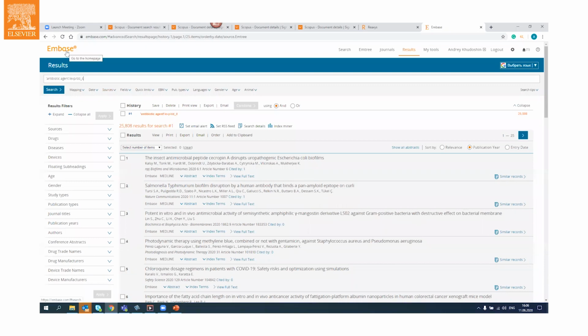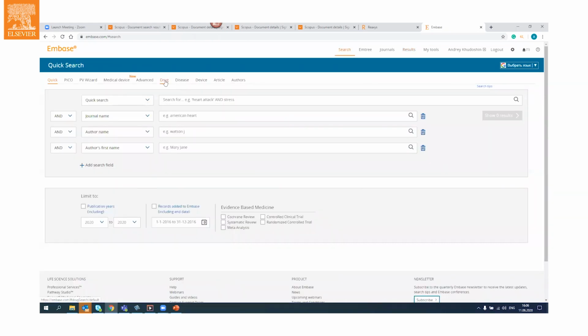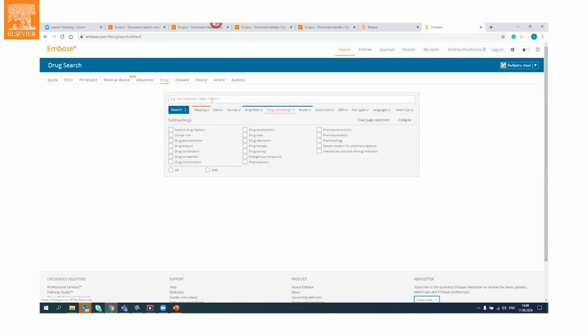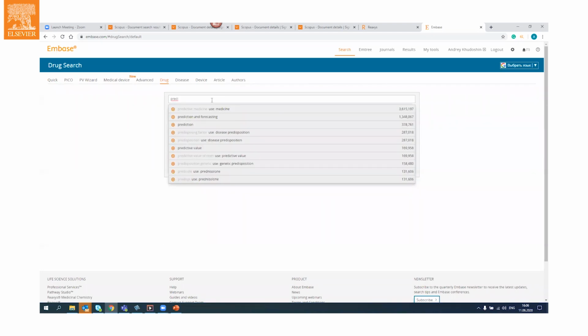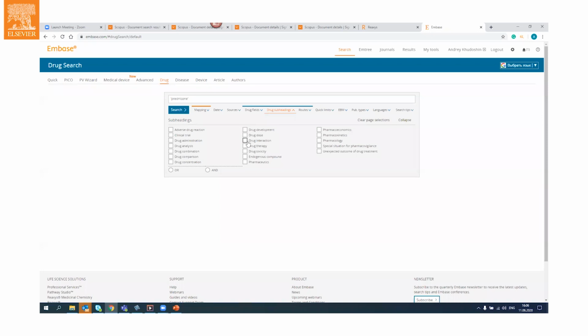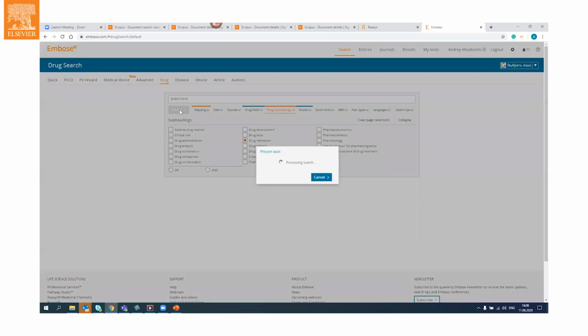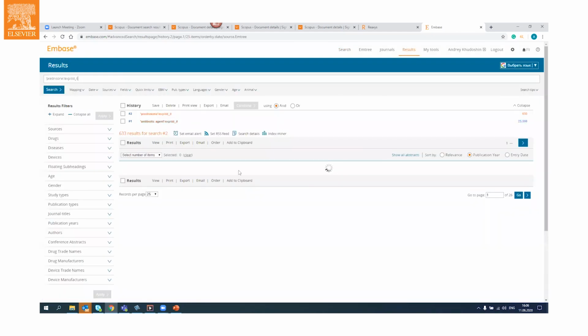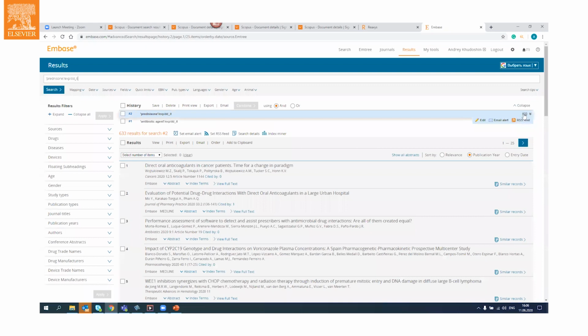Our second query would be to find all prednisone drug interaction. We found much less, 600 papers, and now we can overlap them.